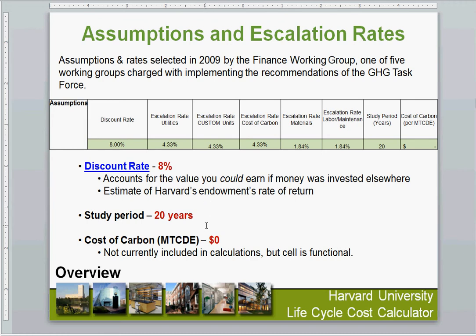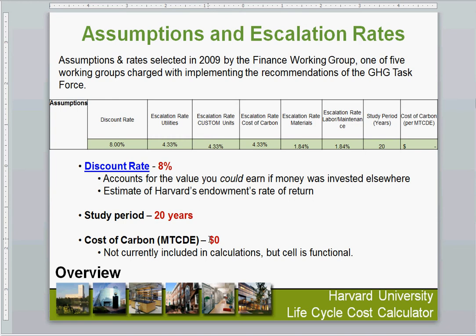Our study period is 20 years. That's fixed for this calculator. It can't be changed. We also carry a cost of carbon per metric ton of carbon dioxide equivalent. We currently have a value of $0. So this is really a placeholder where, if we ever had carbon taxation or a carbon trading market where Harvard started taking advantage of those things, or if we started buying carbon offsets for anything we weren't able to reduce in actual emissions, there would be a cost associated with that.